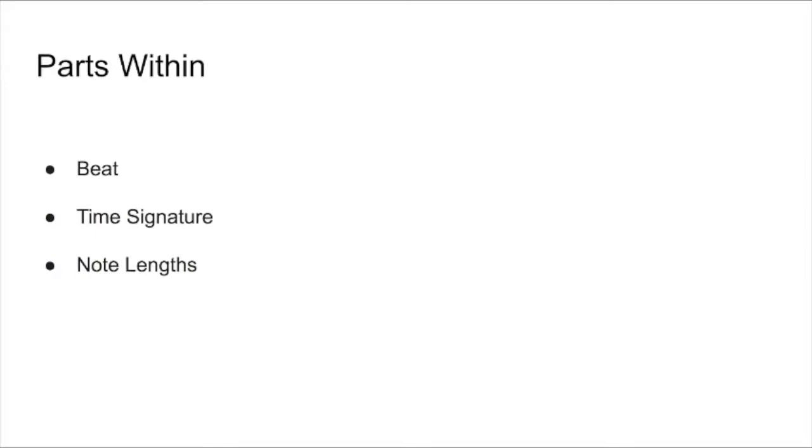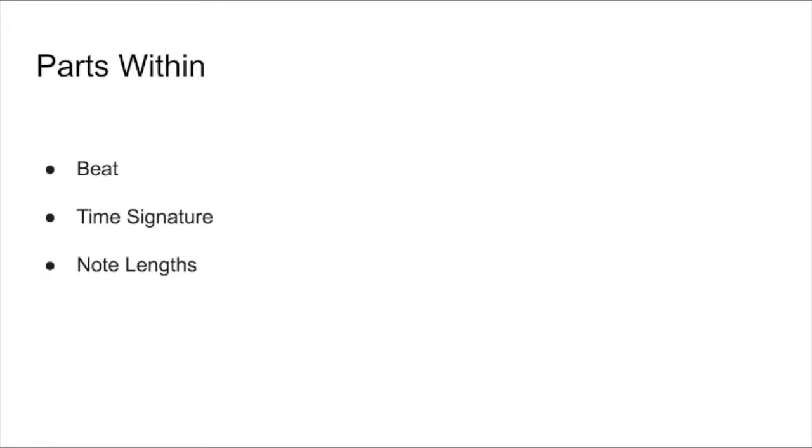So within each section, there are important parts within that, starting with the beat, which is basically the tempo that you move your foot to, and we're going to get into this in detail. Then you have the time signature, which is more in traditional reading and writing music, but it's important to know, even though most music is written in 4/4 nowadays.